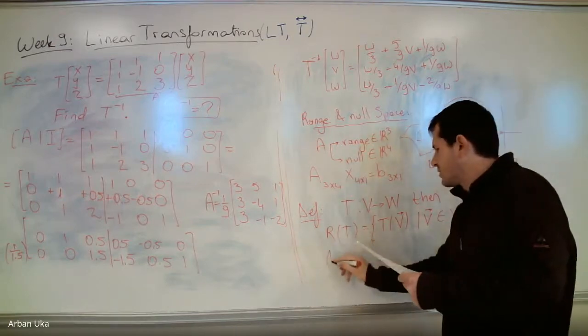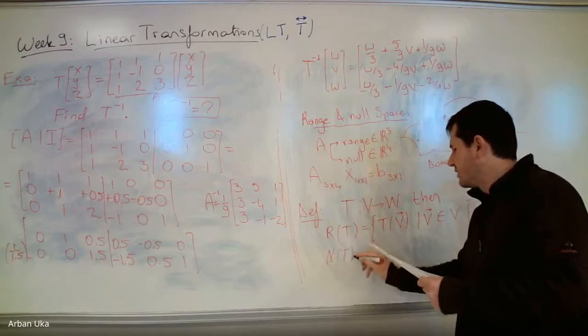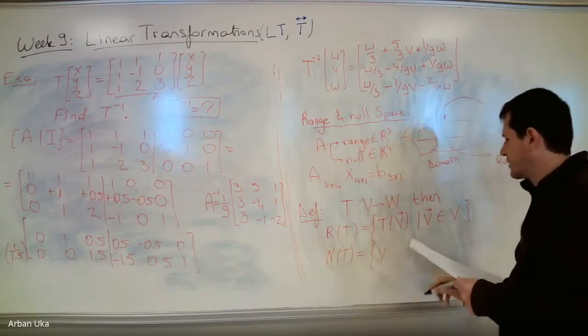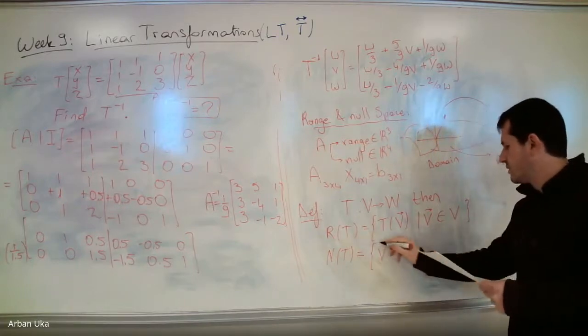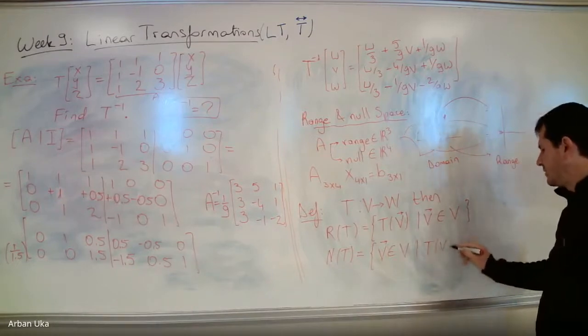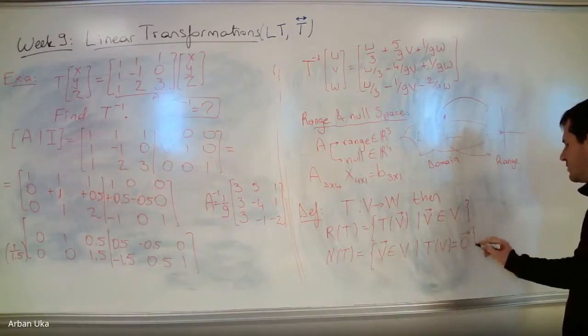And the null space of the linear transformation is all the vectors which belong to the vector space V, such that T(v) is equal to the zero vector.